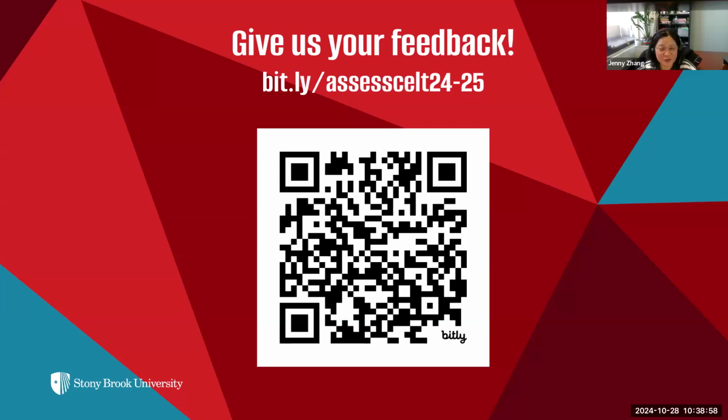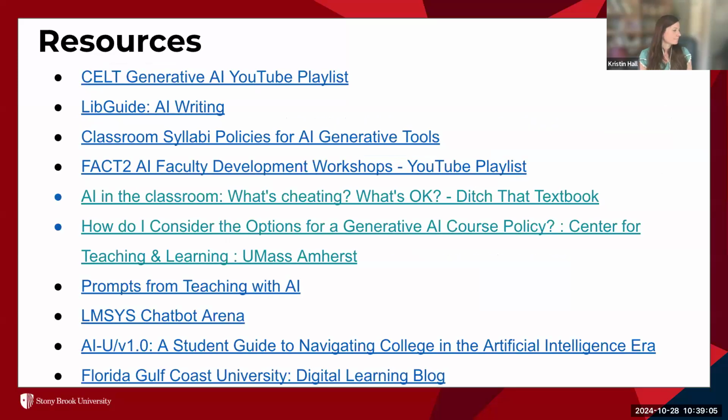Yeah, so we can also look at the resources slide. Go back. Yeah, thank you. Okay, so CELT has an AI series video, so you can take a look. If you haven't taken our previous AI workshops, we have three of them. You can look at the previous ones. But of course, every time we have to update with new information because AI is developing too fast.